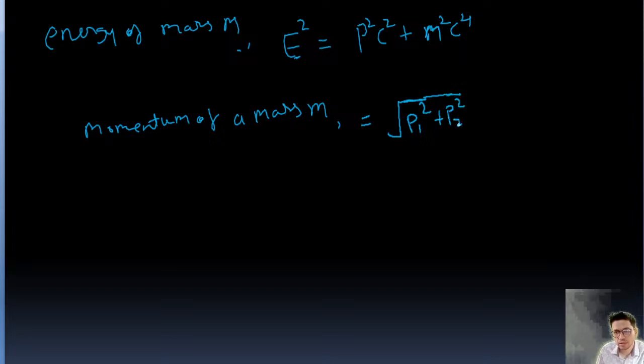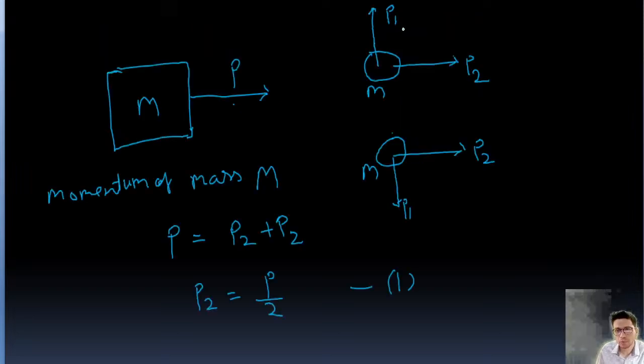We know how to get a resultant of vectors, because these are perpendicular. This is a very simple concept.